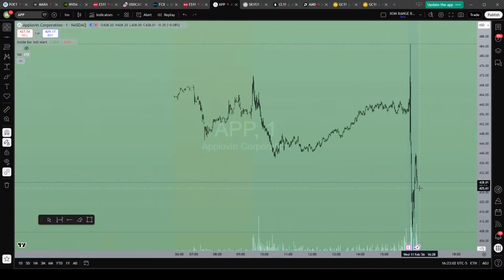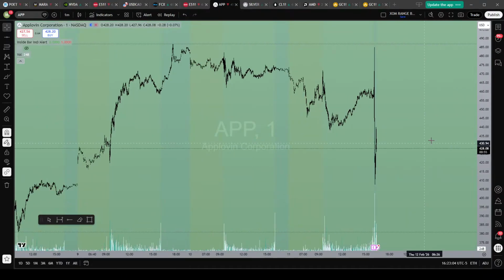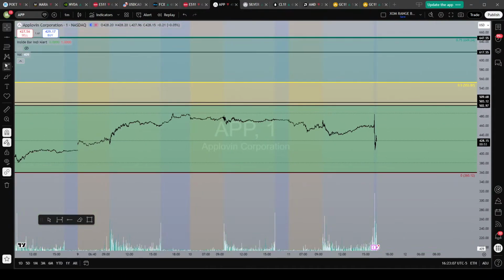This APP is kind of moving within those same ranges that we just looked at.